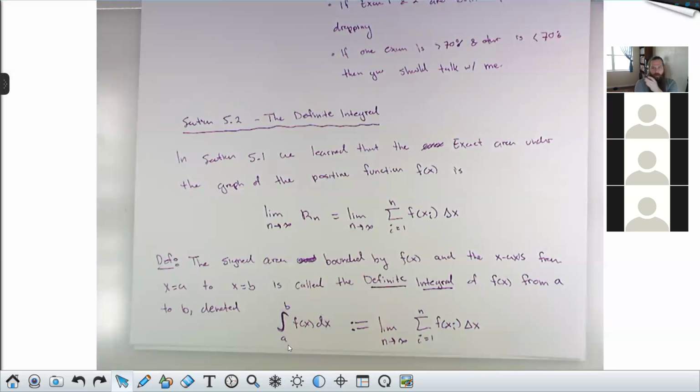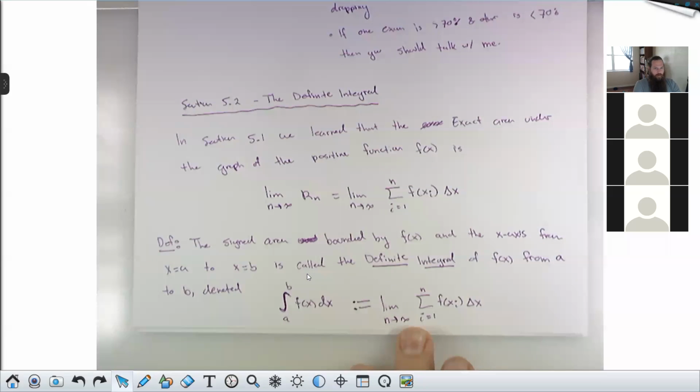Instead of taking a finite number of sample points, remember, between any two real numbers, there's infinitely many other real numbers. So the way mathematicians think about this is as a continuous sum. But for us right now, as we're getting used to it, we're going to think of it as the signed area. And I want to explain to you what I mean by signed area.